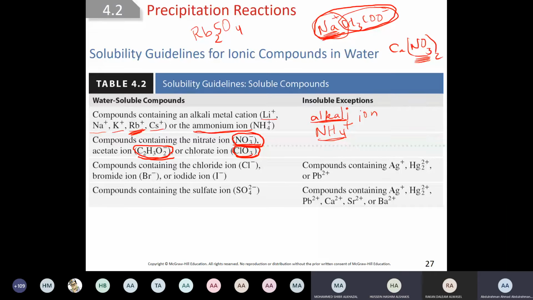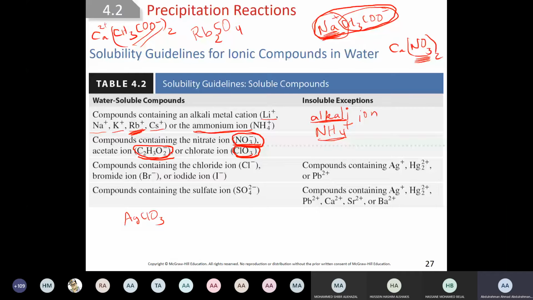How about if I say calcium acetate, is it going to dissolve? Yes. Why? Because it contains acetate. Okay. How about AgClO3?